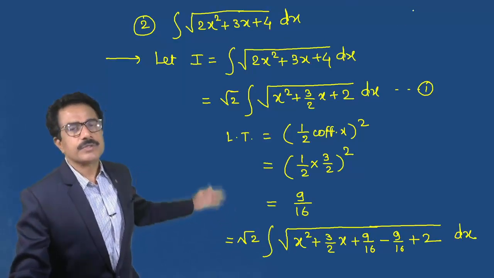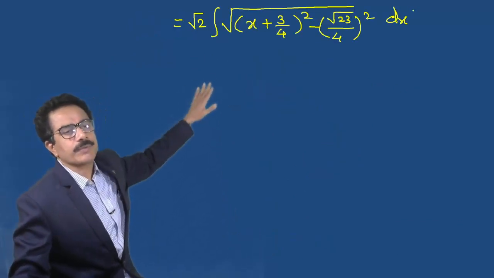See this. So now we can use the formula x square minus a square.